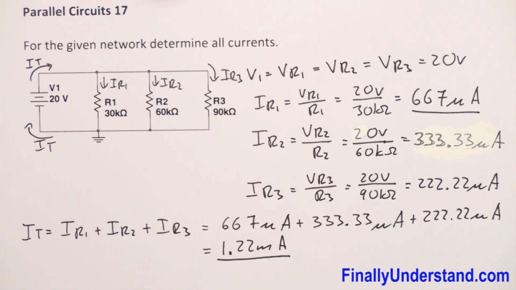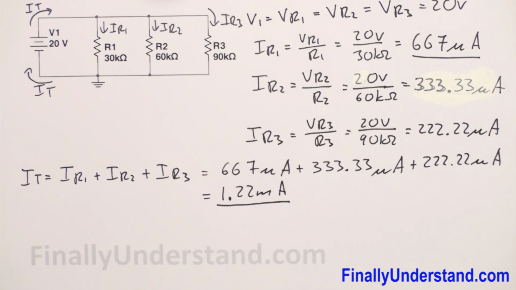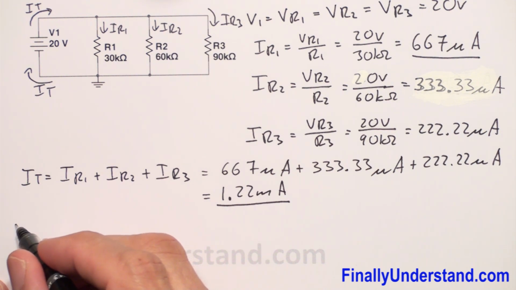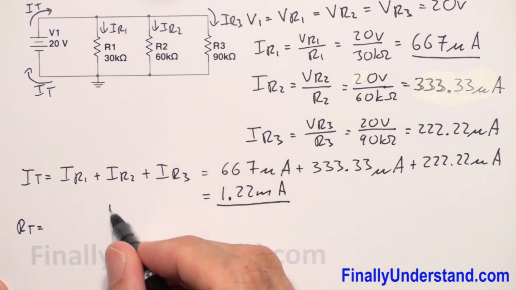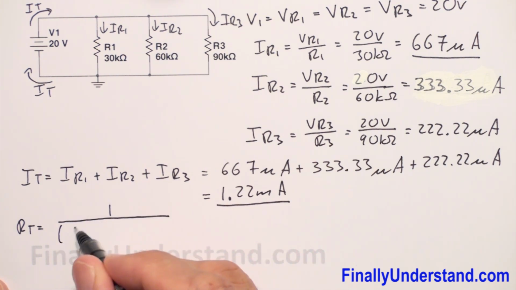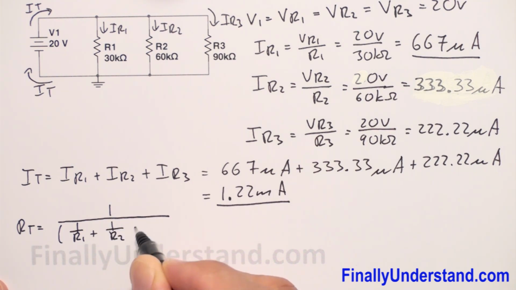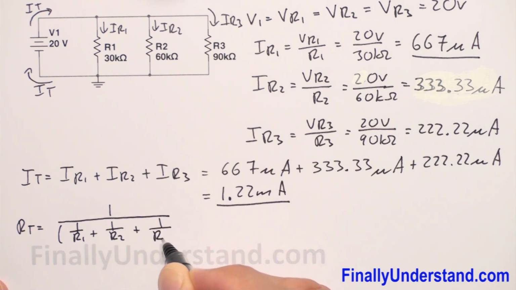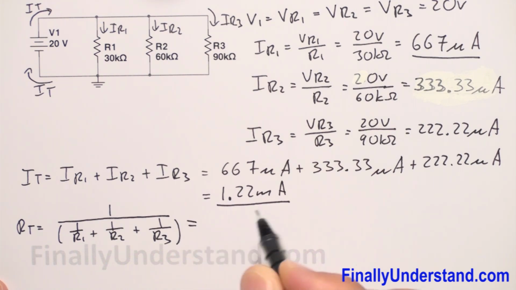In order to verify if our answers are correct, we can always find the total resistance. So R total is equal to 1 over, because I have more than 2 resistors, 1 over R1 plus 1 over R2 plus 1 over R3.